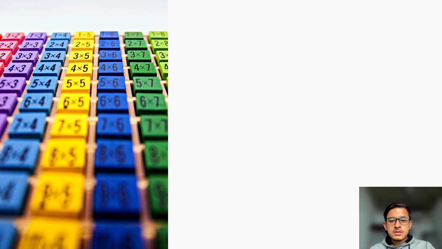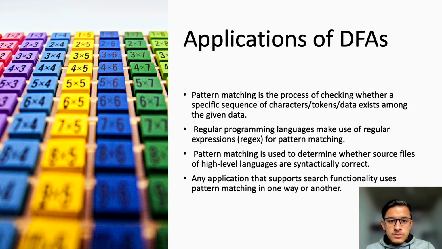Now let us come to the applications of DFAs. The first application is pattern matching, which is the process of checking whether a specific sequence of character tokens exists among the given data or not. The second one is that regular programming languages make use of regular expressions, or regex, for pattern matching.